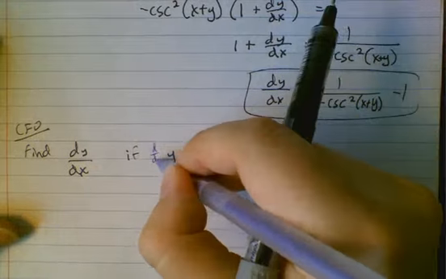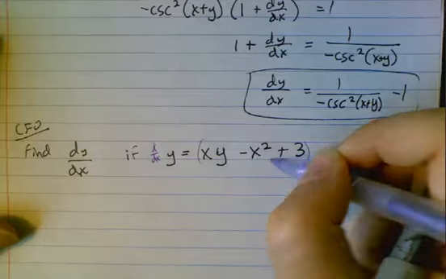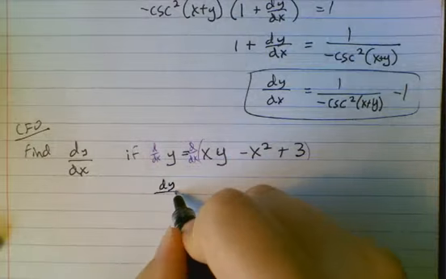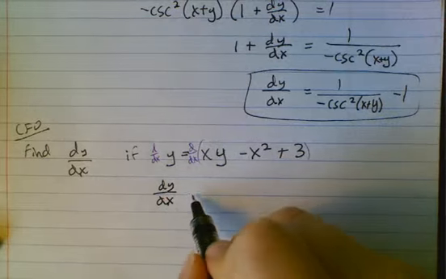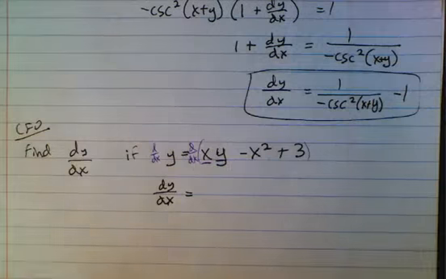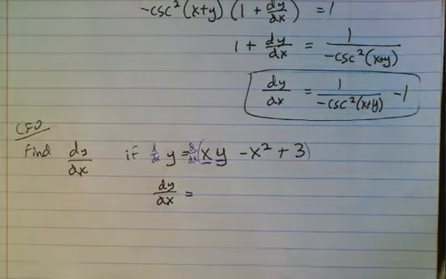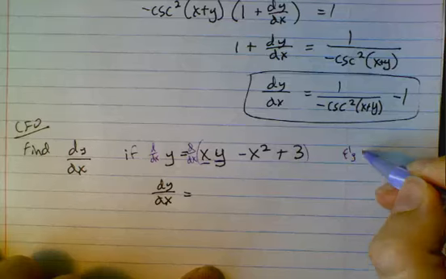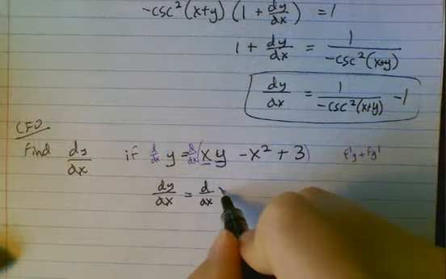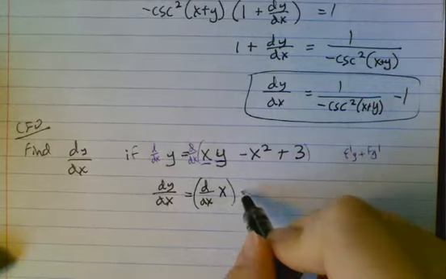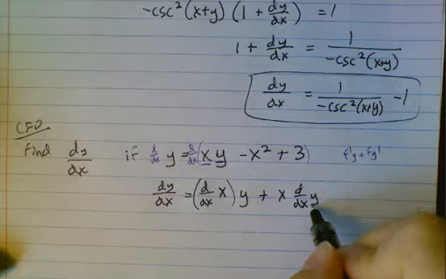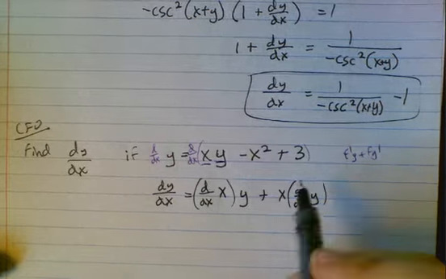Okay, we're going to start off by taking the derivative of both sides. So that just gives us a dy/dx over here. Here, notice that these are multiplied together, so we're going to have to do the product rule, f prime g plus f g prime. So we'll do the derivative of x times y, plus x times the derivative of y with respect to x.